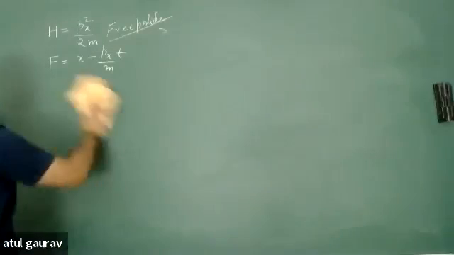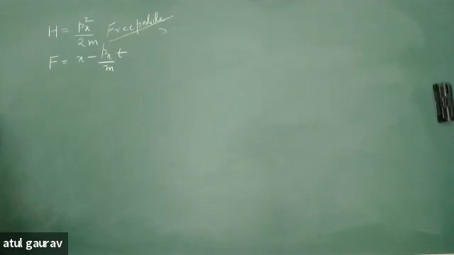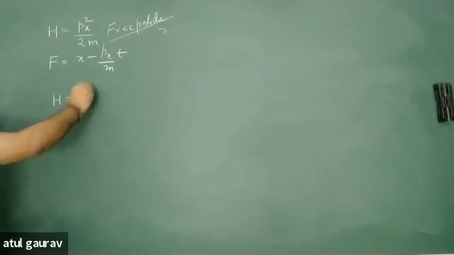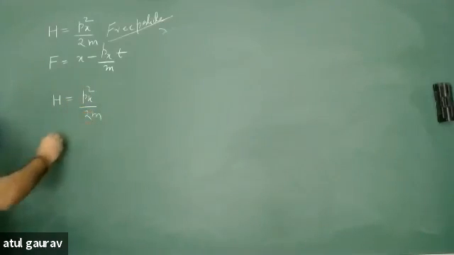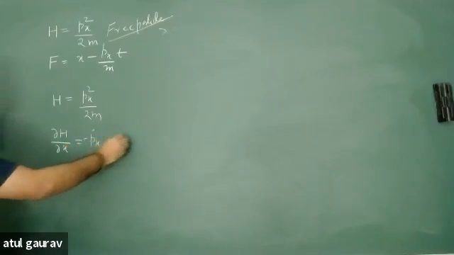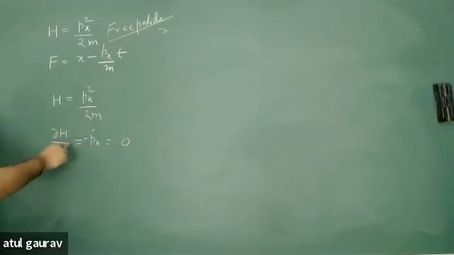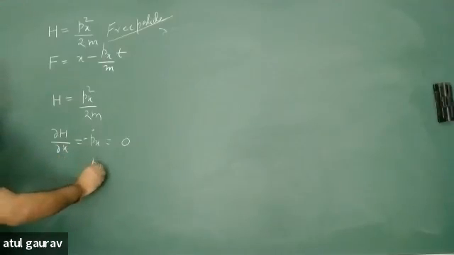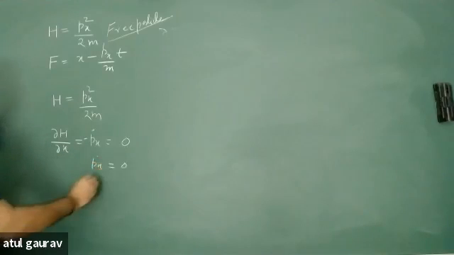Look, I am leaving this thing here. Let's try to find the Hamiltonian equations of motion. So we have the Hamiltonian, this is my x and this is px²/2m. ∂H/∂x is equal to minus px dot, and that will be equal to 0. ∂H/∂x is 0, so px dot is equal to 0.